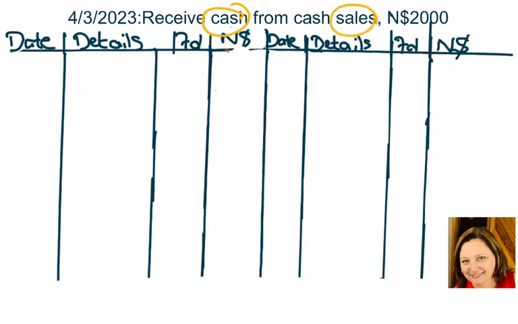Now let's quickly look at cash. Is cash an asset, liability, expense, or an income? Cash is an asset because it's something that you own. So my first account will be cash, and my second account will then be sales.